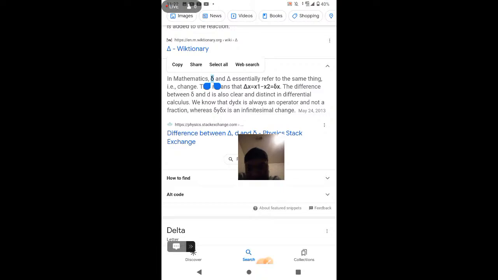So that being said, this symbol represents the atom. That's why they said the difference between this symbol and D is also clear and distinct in differentials.